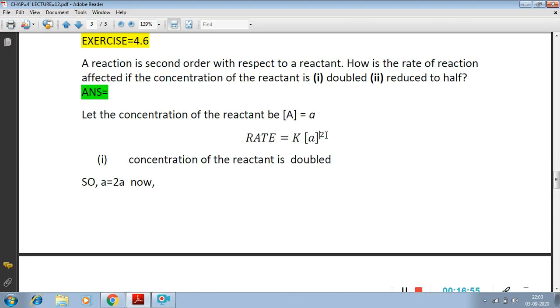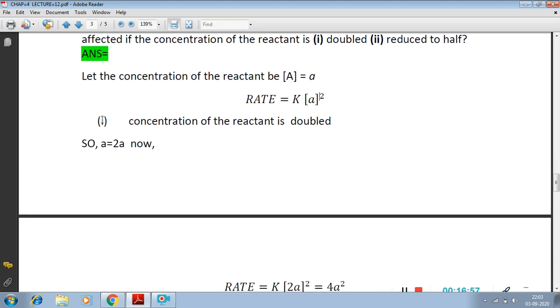Now in the first condition, the reactant is doubled, an increase in reactant is there. So instead of A, we can write 2A now, because it is doubled up. So instead of A, we are going to write 2A here.